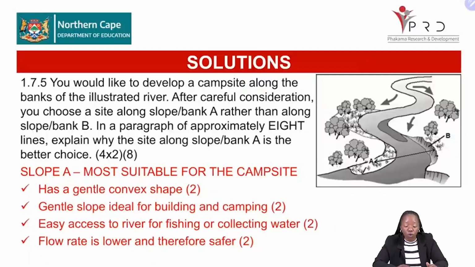And the gentle slope is ideal for building as well as camping. Remember, again, it is cheaper to build on a flat area. Then easy access to the river for fishing and the collection of water. And also the flow rate is lower, and therefore it is safer because this is your slip off.